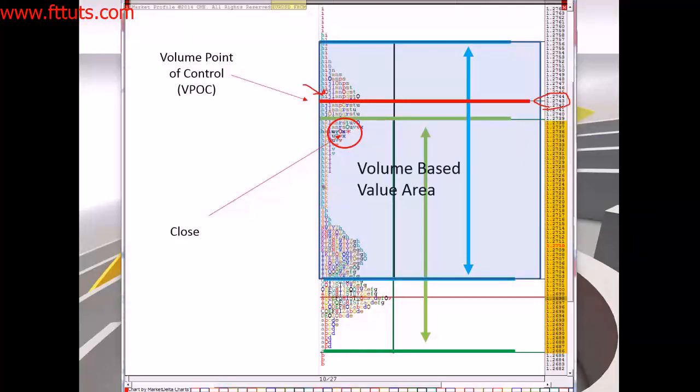Now, the interesting thing here is there is a misalignment between the volume and the visits or the activity. One of two things is going to happen.